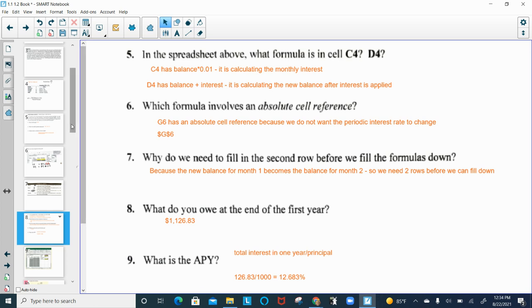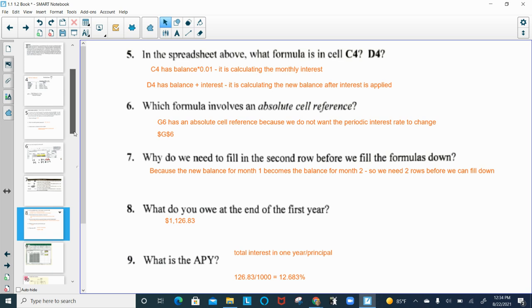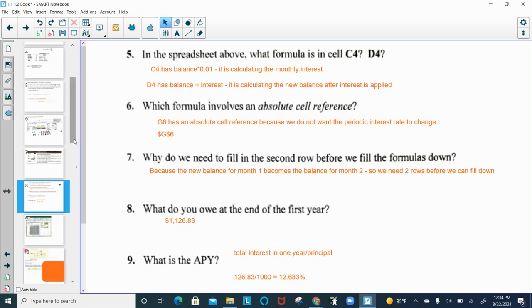That's a very interesting lesson in how much money it costs to buy a $1,000 television at 12%. 12% is a pretty high rate, but that's not unusual for those kinds of store cards. It's actually very possible for store credit cards to be even more expensive.